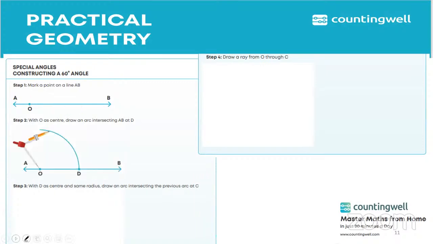That point is taken as O. Then with center O, we will draw an arc intersecting AB at D. Then with the same radius, we draw an arc intersecting the previous arc at C. Okay, first you have to take O as the center and draw an arc intersecting AB at D. With the same radius, keep the pointer on D, and then draw again an arc intersecting the previous arc at C.